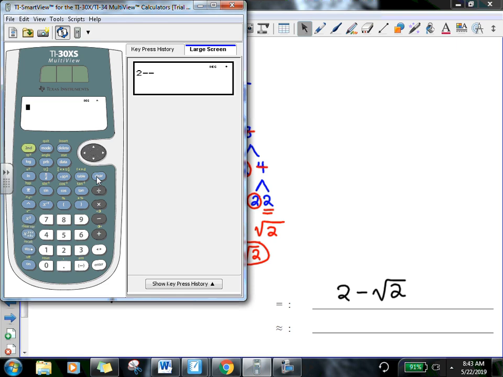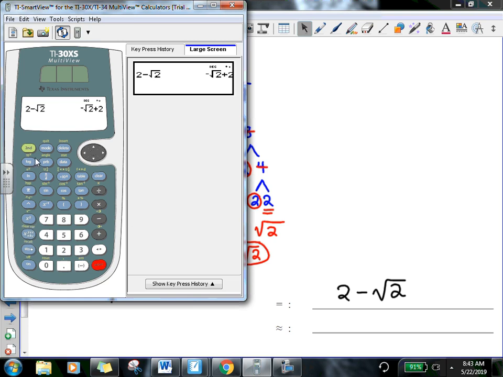I don't know why this isn't working. We'll try this one more time, it's very touchy. So 2 minus the square root of 2, and we're going to hit enter. And that gave us an exact answer.